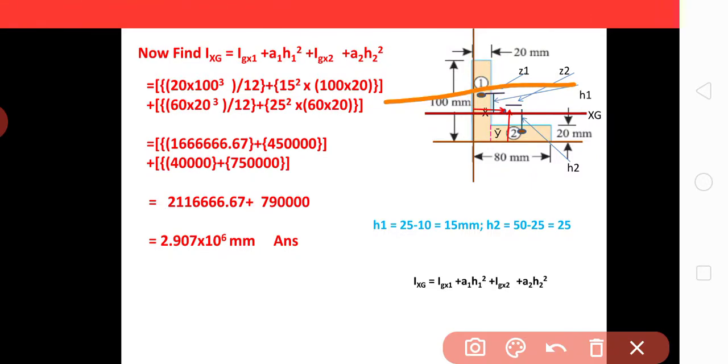Then for section 2, its area is 60 into 20, because this much is removed from here, so 80 minus 20 is 60. First 20 is the area, and this is the axis of reference, so the cube will be done of the 20 mm dimension.